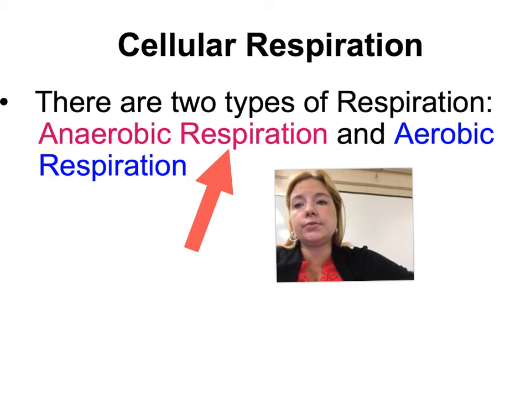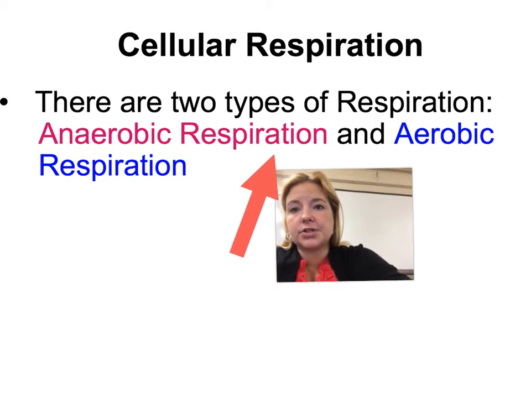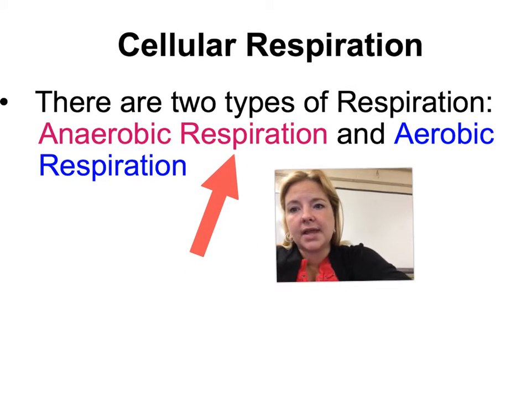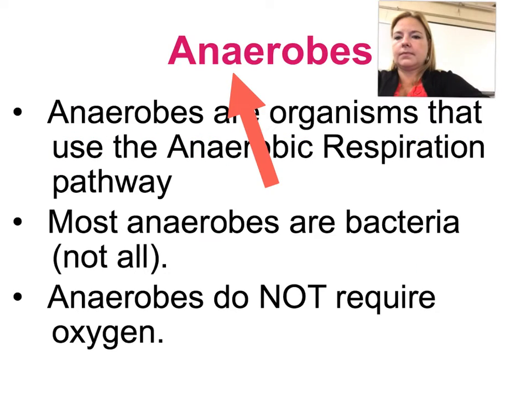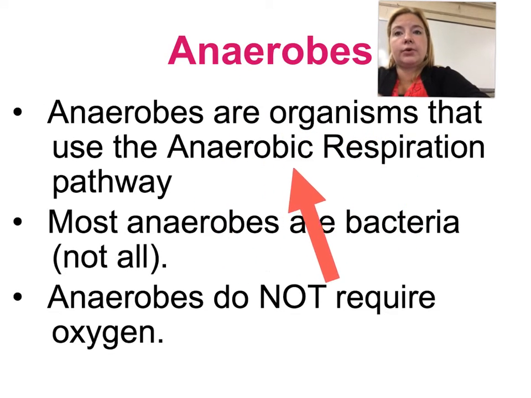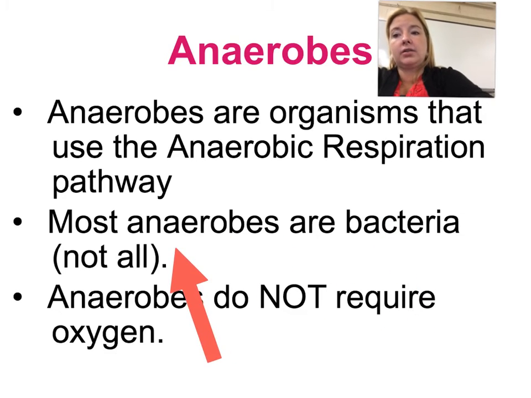There are actually 2 different types of cellular respiration. Aerobic respiration, which is what we do the majority of the time, and anaerobic respiration. So I'm going to talk about the difference between aerobic respiration and anaerobic respiration. We're going to talk about anaerobes first. So anaerobes are any sort of organism that uses the anaerobic respiration pathway. So most anaerobes are going to be bacteria, but not all of them.